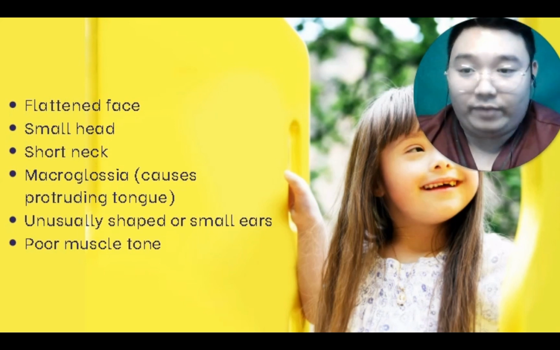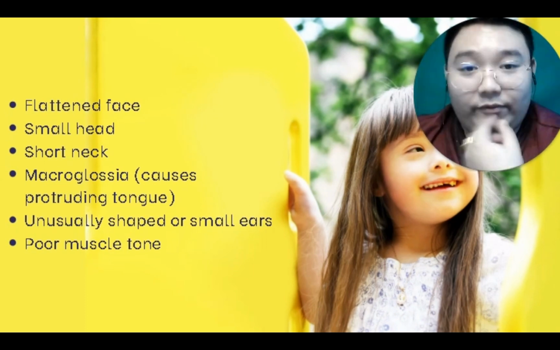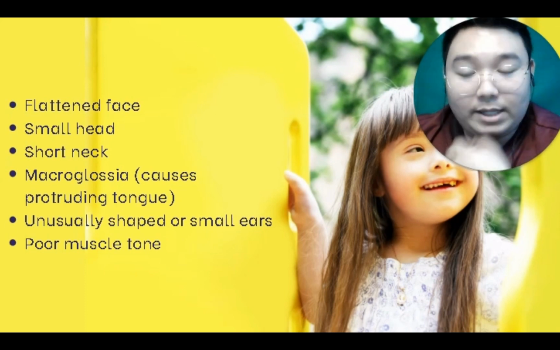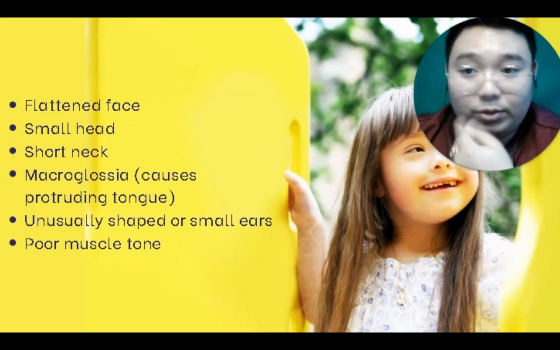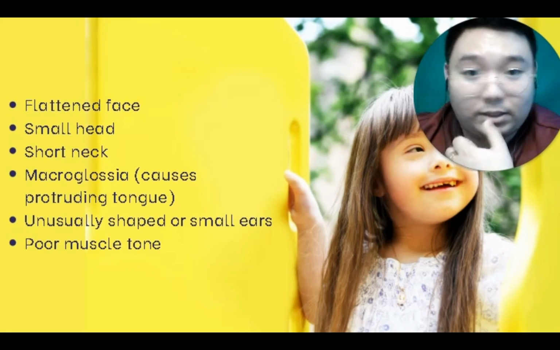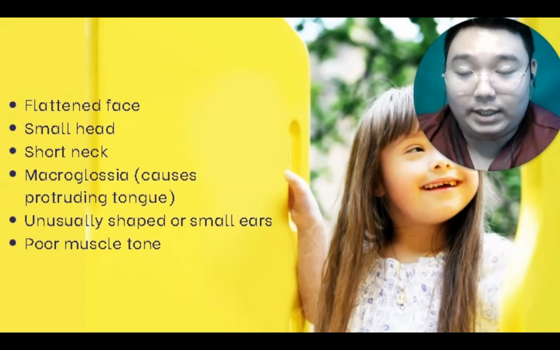Macroglossia happens when the tongue is too big for the oral cavity, or basically they have a big tongue that is too big for their oral cavity. Thus, they protrude their tongue because they can't hold it. Then they have unusually shaped small ears.